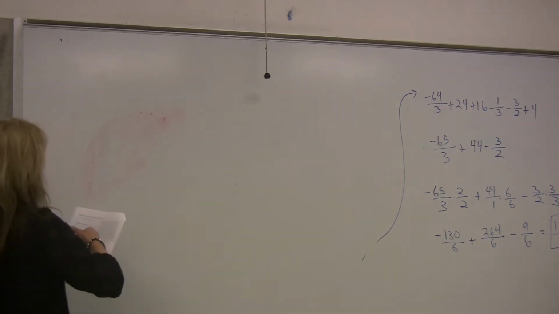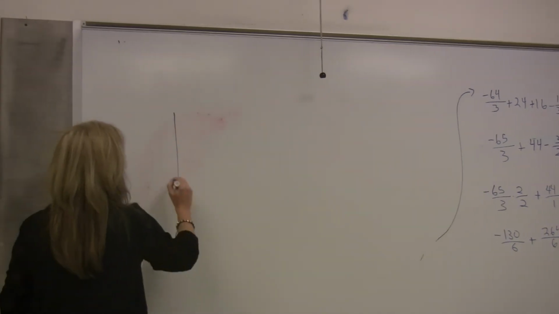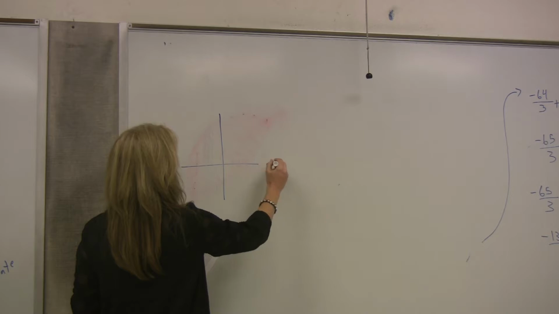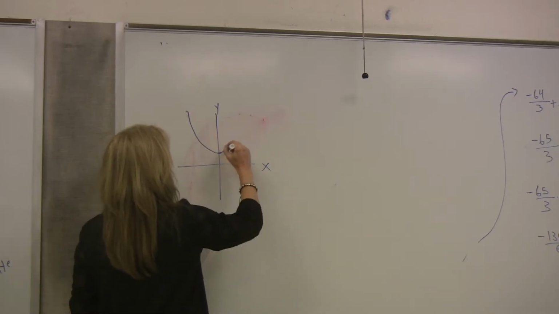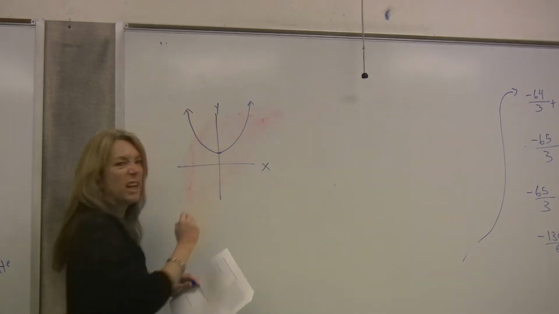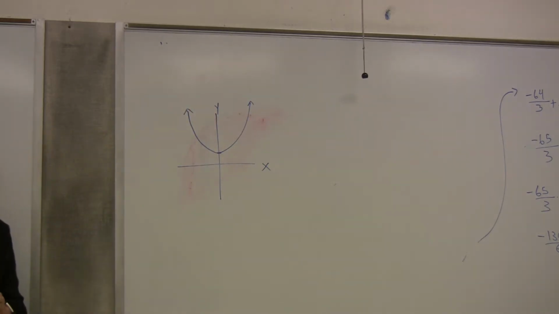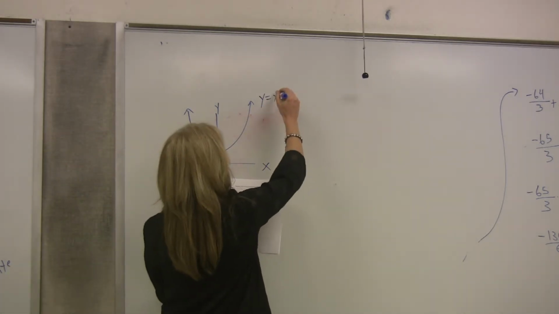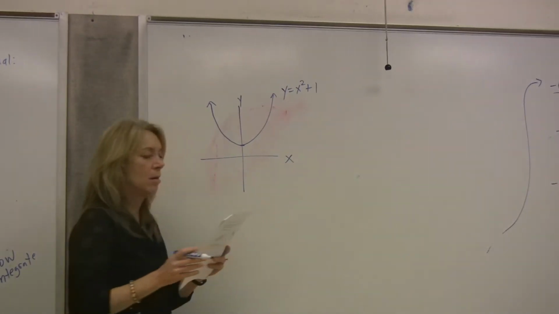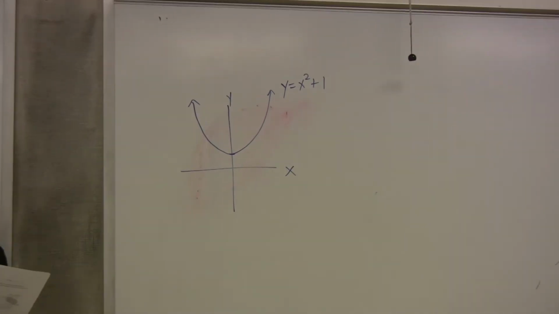So y equals x squared plus 1. That means it goes through here, got moved up by 1, so there's the first one. What's the next one look like? It's about 3, except it goes upside down.